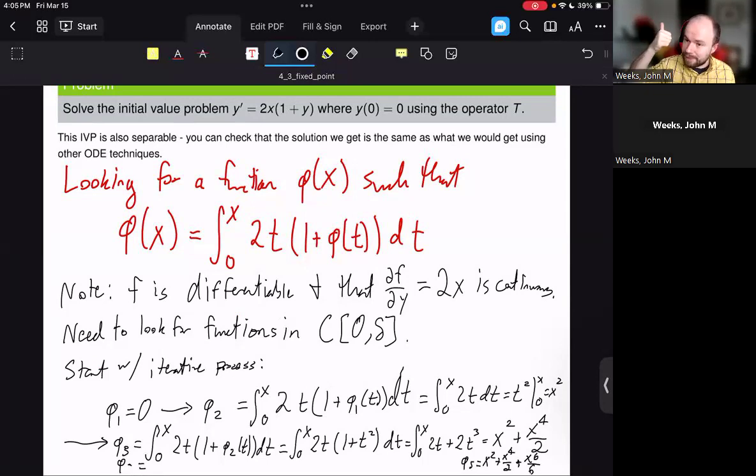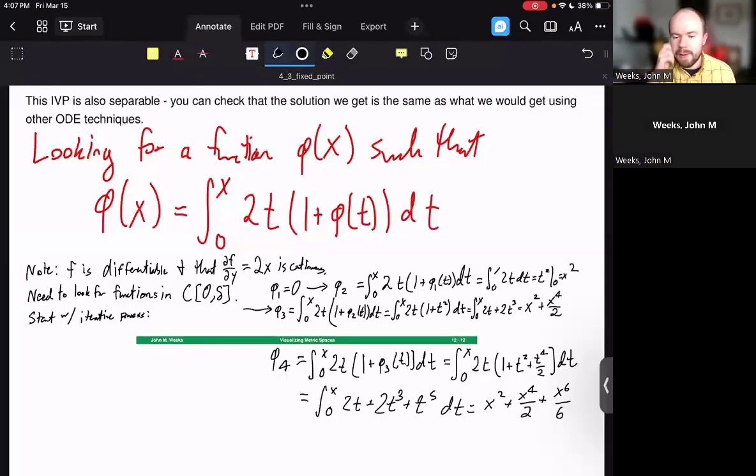So I'll have my first function being x squared, my second function being x squared plus x to the 4th over 2, my third function being x squared plus x to the 4th over 2 plus x to the 6th over 6. Notice that I am approximating a function with these partial sums. What function could I be approximating with these partial sums is an interesting question. So to do that, I want to take a look at what these functions seem to be approaching.